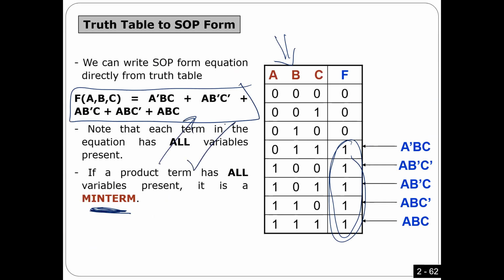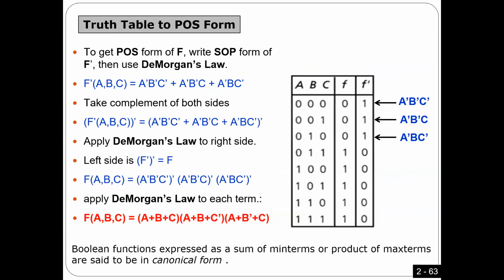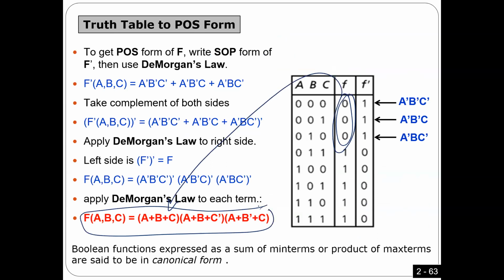On the next slide, I'm going to use exactly the same truth table, but this time I'm going to work on the zeros. When I do that, this is what I get. So A, B, C, here A, B prime, C, I make it prime. Here, A or B prime or C, this way.